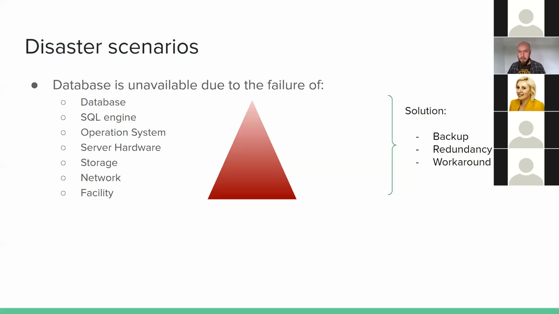Storage, okay, we need to duplicate the storage and maybe keep it in a different data center, or maybe rent storage in Google or another cloud provider. That's an option. Network, a really serious one, because it's not something that you can rent out.